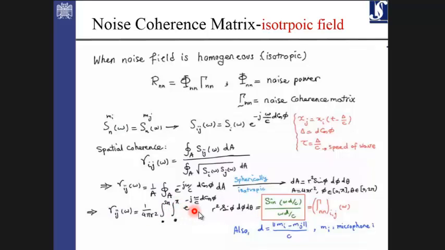Applying this, you see that the spatial coherence between microphone I and microphone J with respect to omega, the frequency, is a sinc function, which only depends on the distance. C is a constant, the speed of sound, and here you have a sinc function. And D is the distance between microphone MI and MJ.